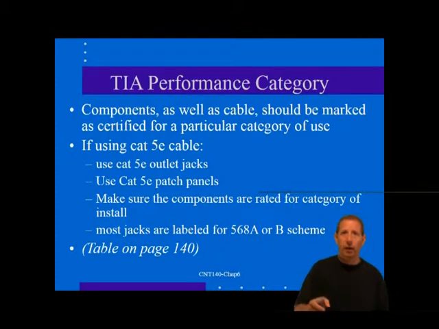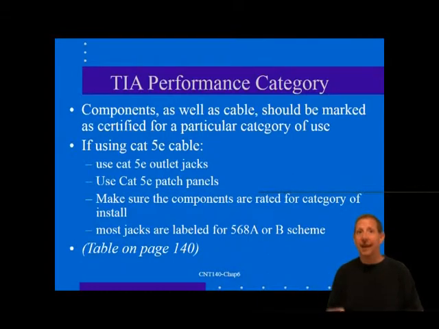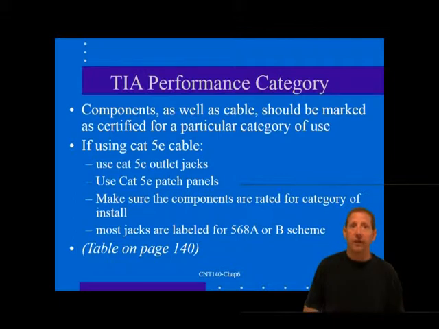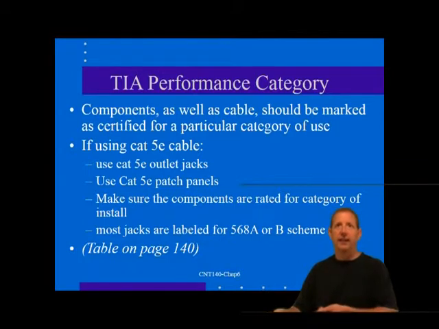Although categories 1 and 2 do exist, they are not the subject of the standards because they really are not appropriate for any type of LAN cabling. Components as well as cables should be marked as certified for a particular category of use. Thus, a connector that is intended for Cat5e should be marked as Cat5e.